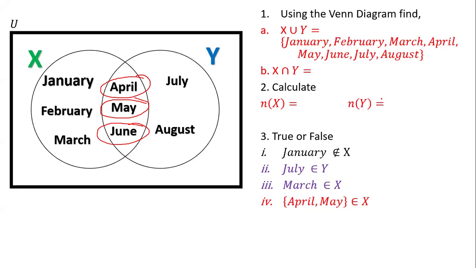So that means that we have to put open bracket, April, then May. Then what?